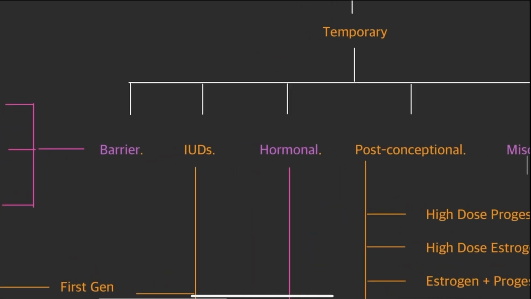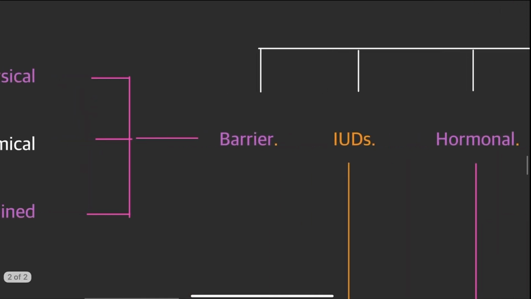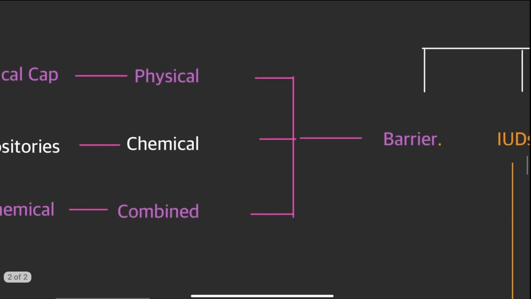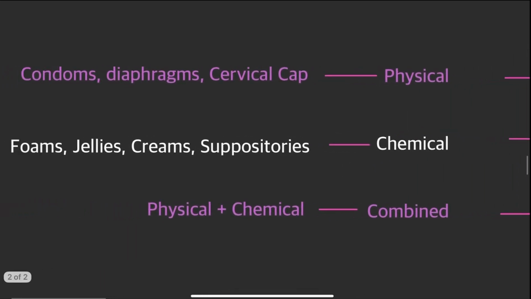Let us quickly look into each of these methods. We have first the barrier method. A barrier method is further divided into three methods, and they are physical barrier method, chemical barrier method, and combined barrier method. Physical barrier method consists of condoms, diaphragms, cervical cap, vault, etc. Chemical methods include foams, jellies, creams, suppositories.